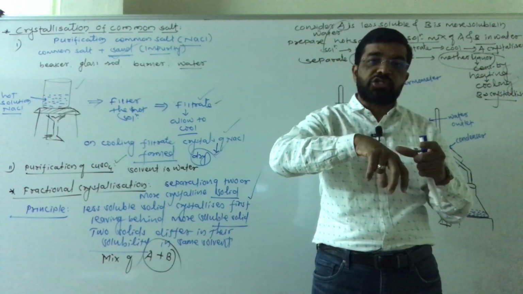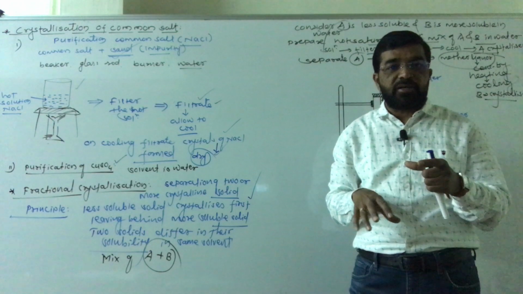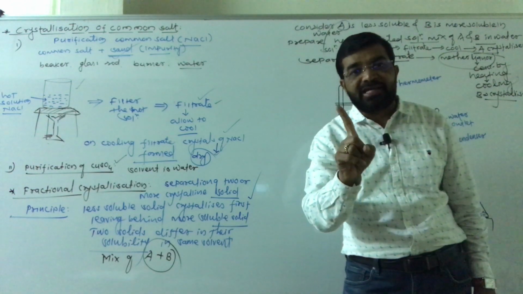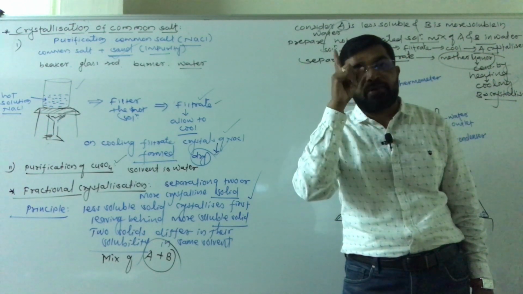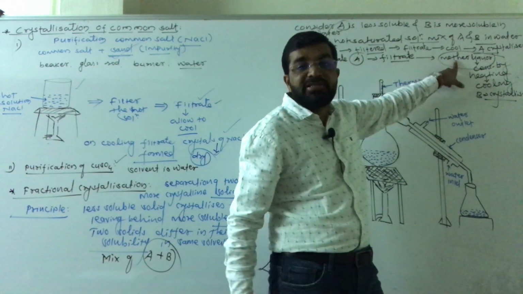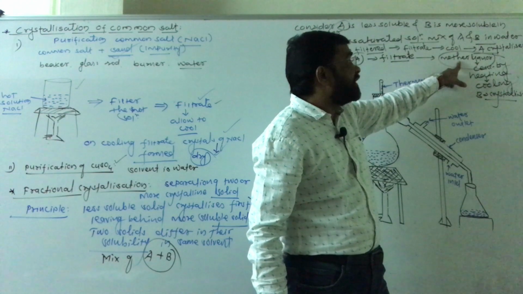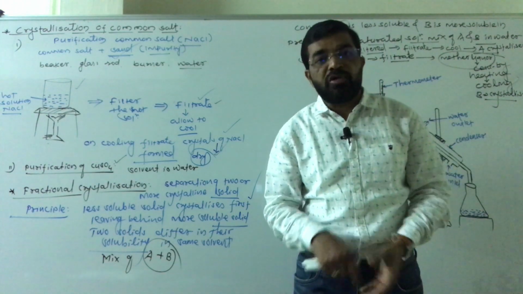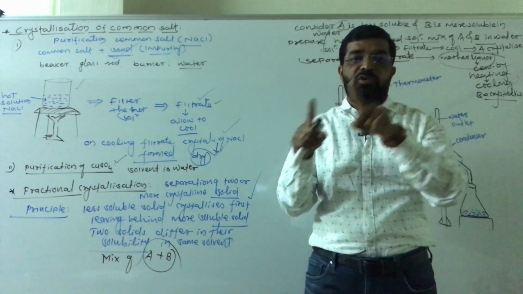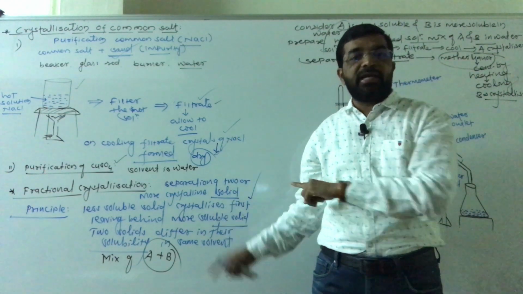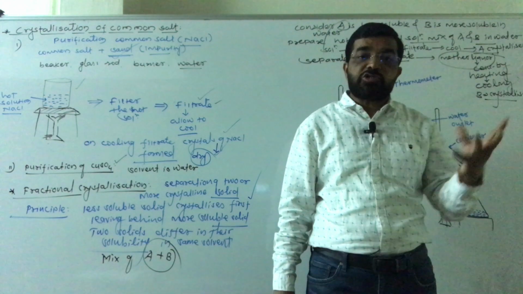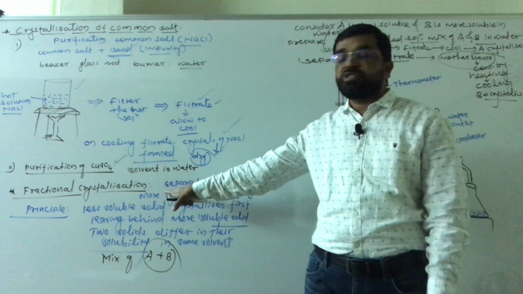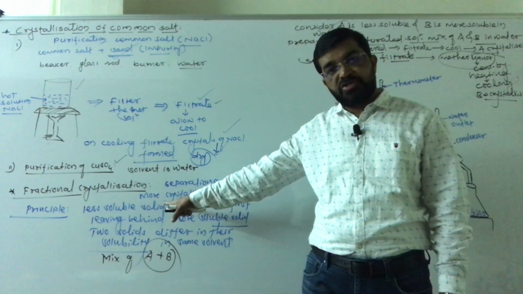When we filter that solution, crystals will be present on the filter paper, and the solution that now comes down into the beaker after filtering is not called filtrate. After filtering the same solution a second time, the solution that comes down is called mother liquor. This mother liquor is concentrated by heating. Heat it, and when it is allowed to cool, the second substance B will crystallize out. In this way we have first obtained A, then here you will get B. The crystals of B are again separated by filtration separately, and B is obtained, and this process is called the fractional crystallization process.